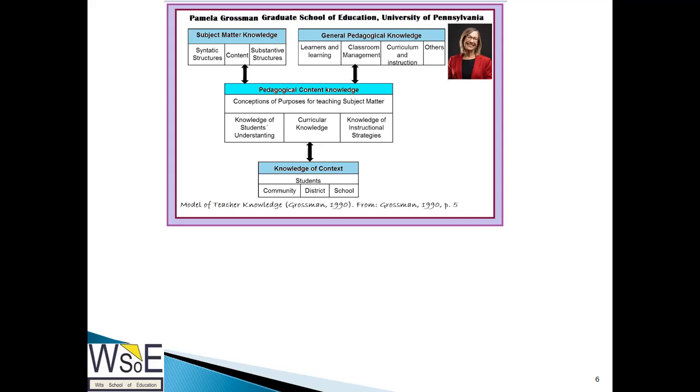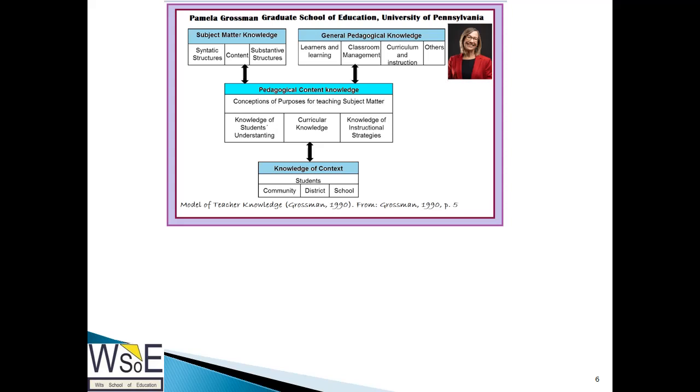What type of instructional strategies to use to help develop students' understanding of that. So for Pamela Grossman, that is what pedagogical content knowledge represented. The conceptions of the purposes for teaching the subject, knowledge of the students' understanding of that subject content, curricular knowledge on that particular topic, and also knowledge of which instructional strategies to use in terms of covering that curriculum content.